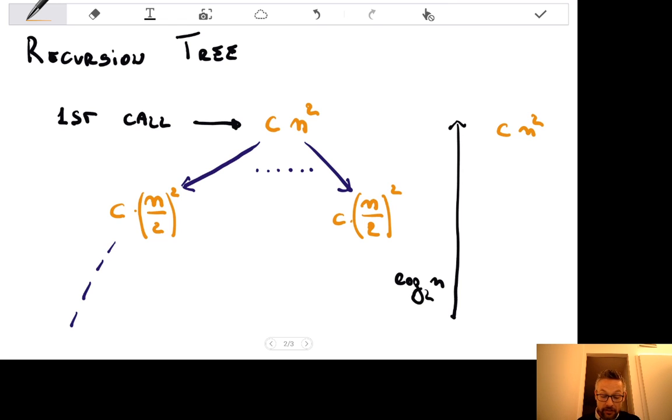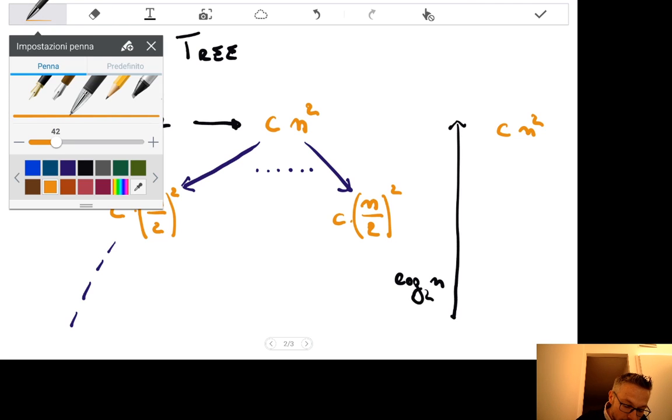So what's the cost in terms of sums of the second level? Well, the cost of the second level, since we have 8 recursive calls, will be c multiplied by 8, where 8 is, well, let me change the color just to stress the fact that we are dealing with a certain number of recursive calls.